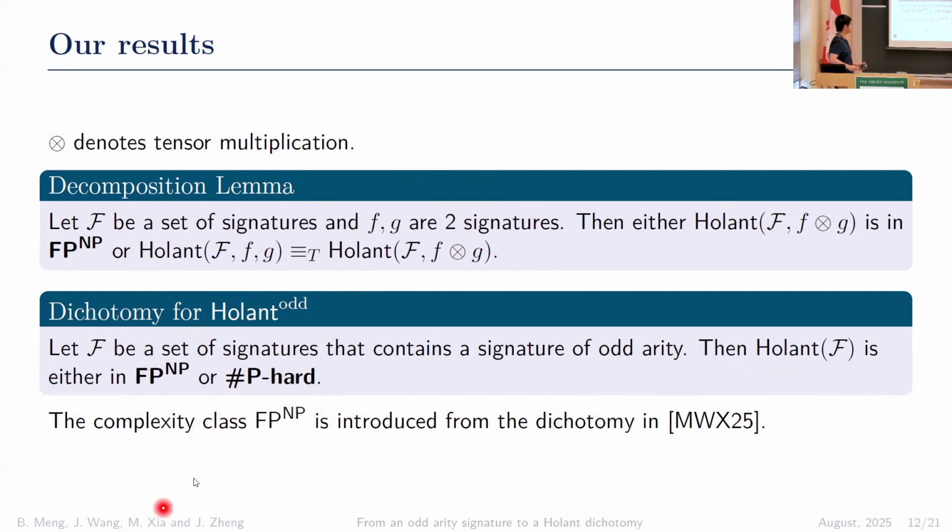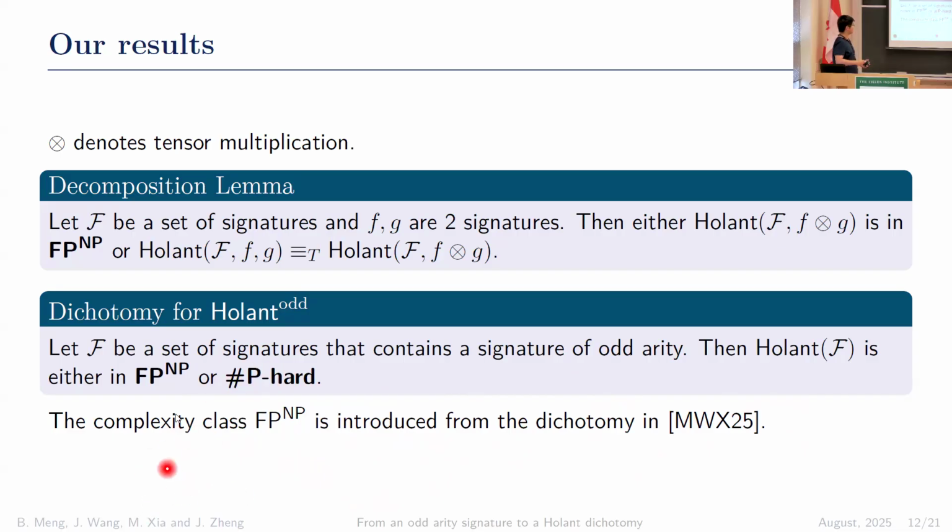And I should remark that the complexity class FP^NP is introduced in this dichotomy, which is a dichotomy for so-called #CSP problems. And luckily, it's well believed that an algorithm with an NP oracle cannot solve all the #P-hard problems. So this does separate the complexity.